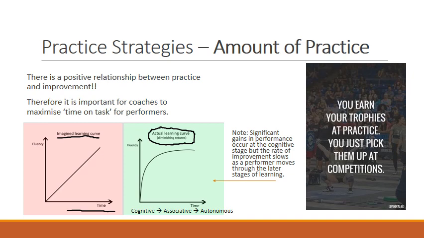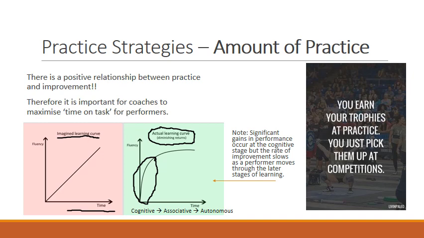So we start off in the cognitive, then the associative, then the autonomous. As time continues, fluency increases, and as we said before, when you're at the cognitive stage, you've got really rapid improvement. So we start out with really massive improvement, but then we get what we call diminishing returns, which essentially means the better you get, the less dramatic your improvement is as you continue to train over time.